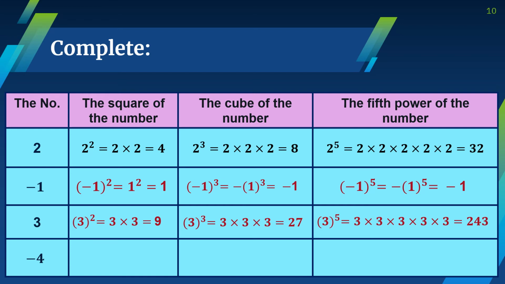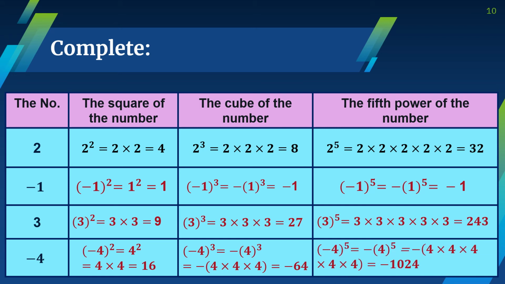The last one, negative 4. The square of the number will be negative 4 power 2 equals 4 power 2, which equals 4 times 4 equals 16. And the cube of the number will be negative 4 power 3 equals negative 4 between brackets power 3 equals negative 4 times 4 times 4, equal to negative 64.